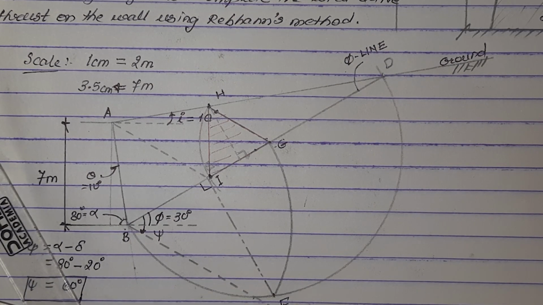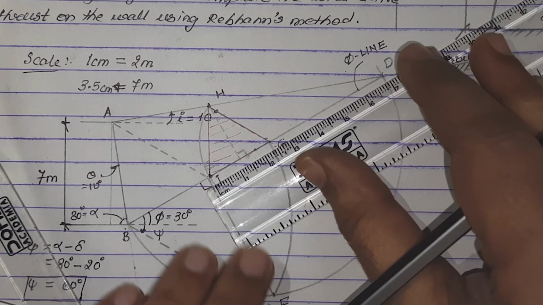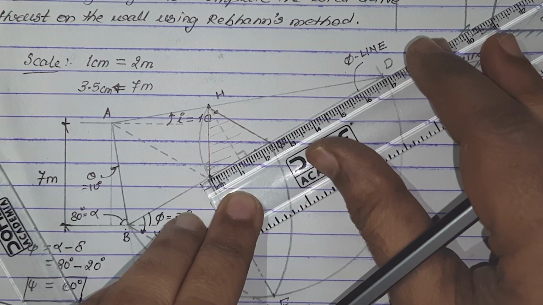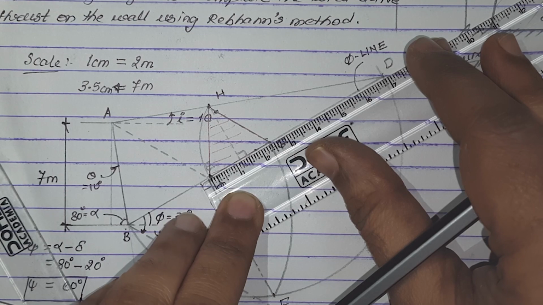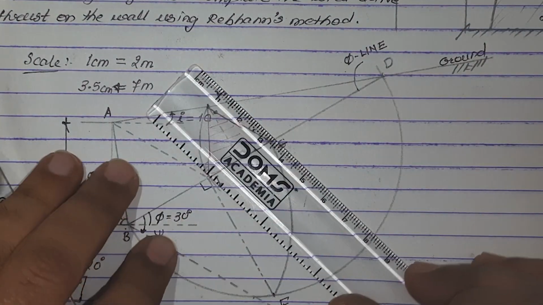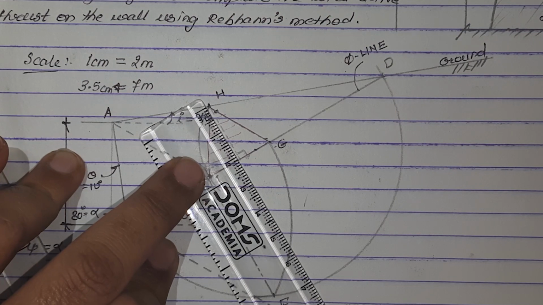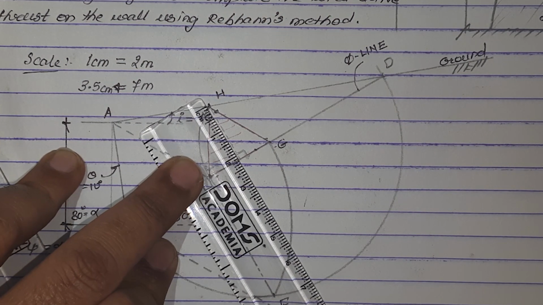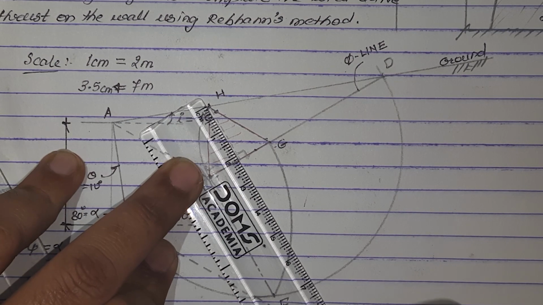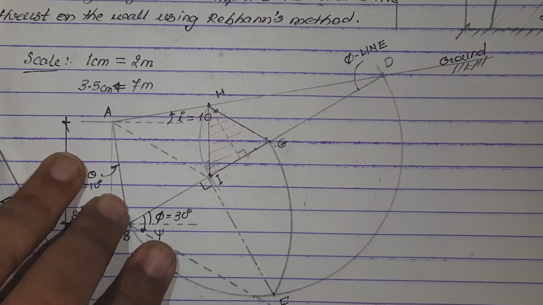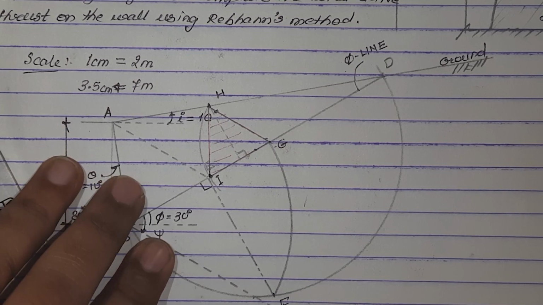Here, base of the triangle GI, it comes out to be 2.4 centimeter, and height of the triangle we are getting as 2.2 centimeter. So let us mention the distances.